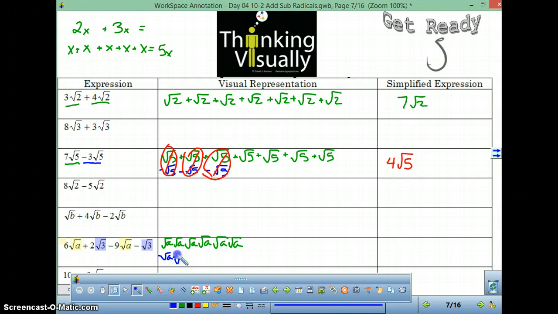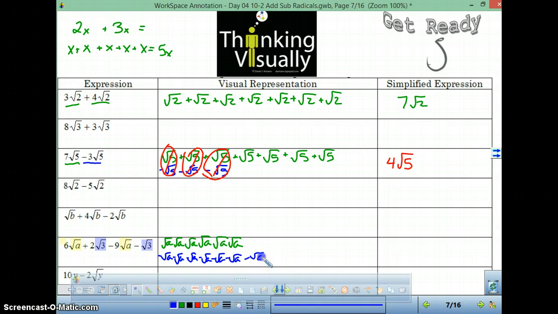Minus root a, minus root a, minus root a, minus root a, minus root a, minus root a. 3 more, minus root a, minus root a, minus root a. Do you see that I have minus 3 root a's? What can I do with the root 3's? Those are completely different. You have to do those on a different side.